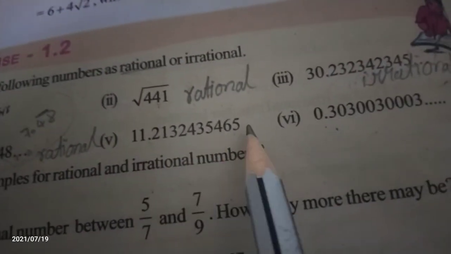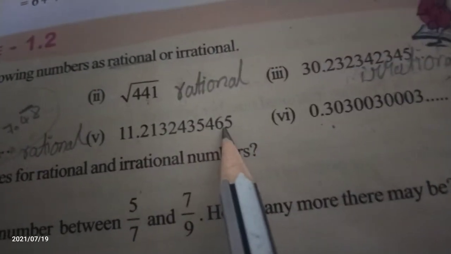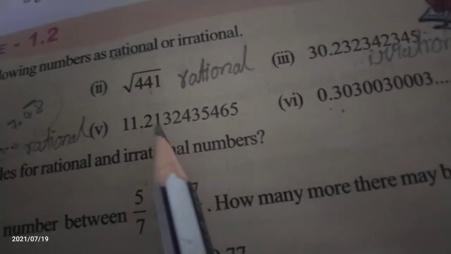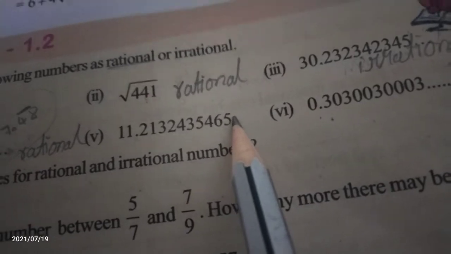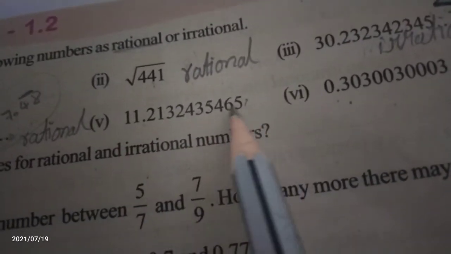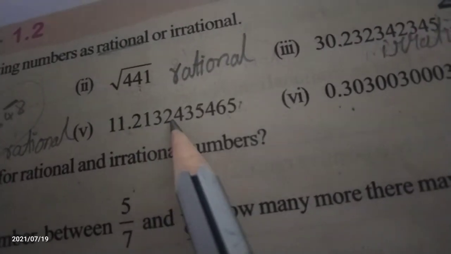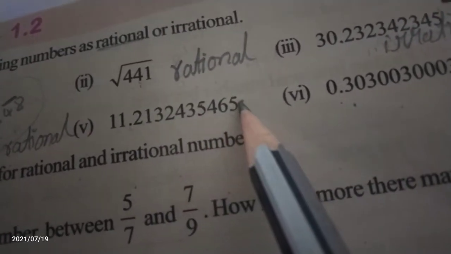11.21324354 and 65. It is a number. It does not have "so on", it does not repeat any pattern, but it is a limited value. We can find how many numbers are after the decimal: 1 2 3 4 5 6 7 8 9 10.